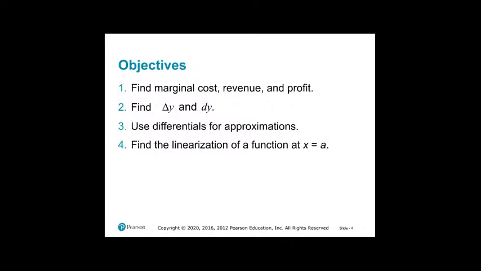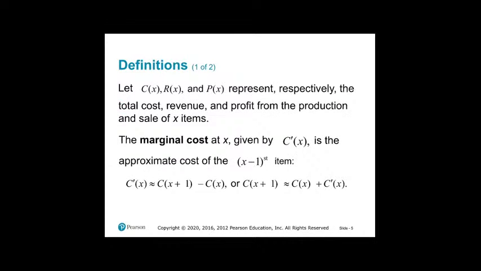Given C of x, R of x, and P of x represent respectively the total cost, revenue, and profit from the production and sale of x items, the marginal cost at x, given by C prime of x, is going to be the approximate cost of the x plus first item.